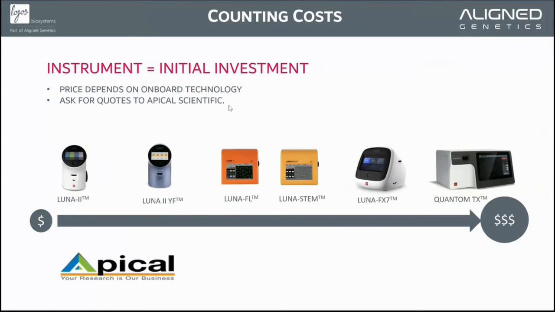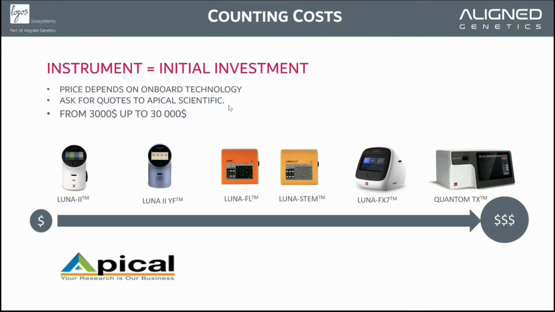That said, here is a question which is important, the question of pricing. You could imagine that the price depends on the onboard technology, and I strongly invite you to ask for a quotation from Apical Scientific. But let me answer part of this question. You see, we have a range of instruments. We have 6 cell counters.